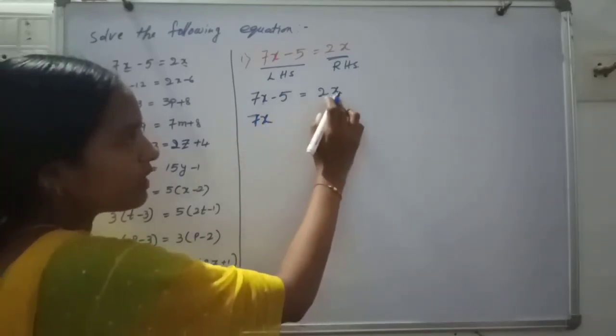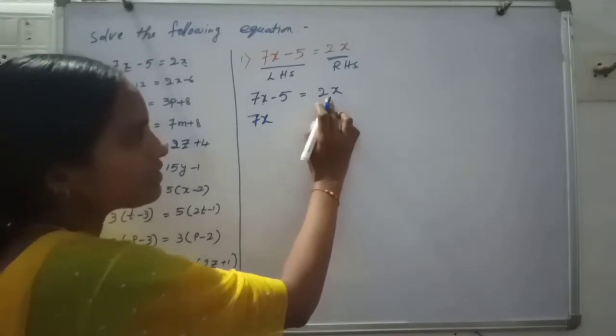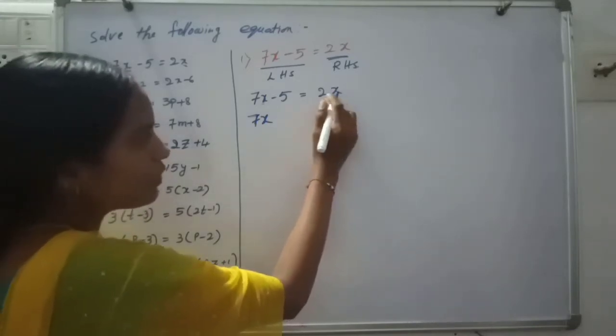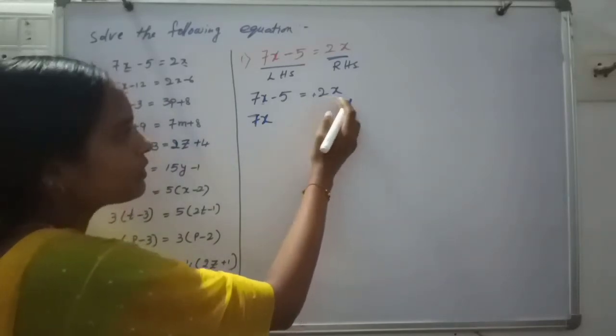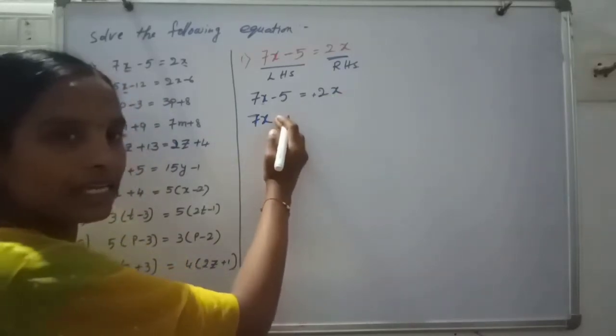Then 2 multiplied with x is called 2x. Here 2x is a plus term on the RHS side. Next it comes to the LHS.